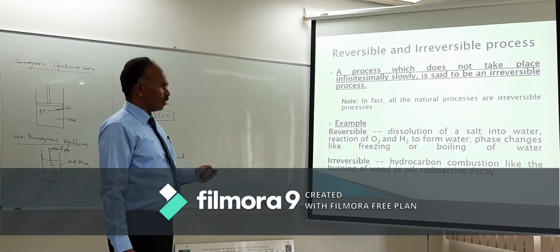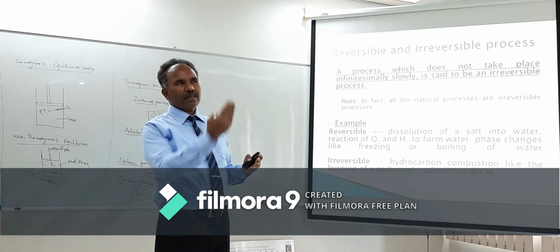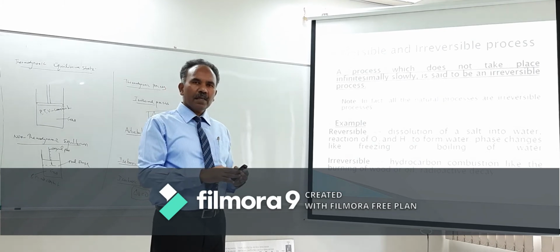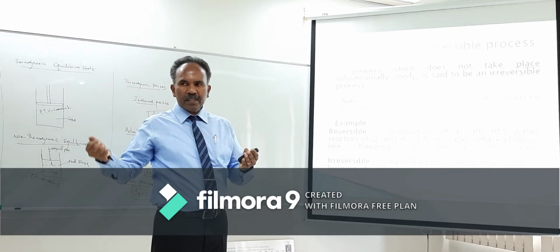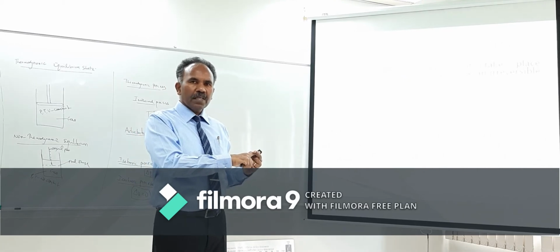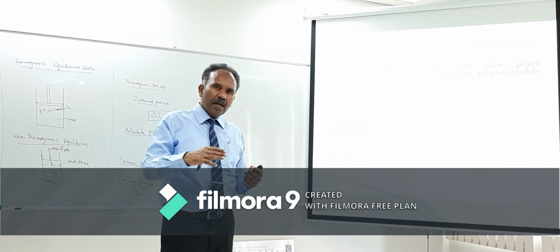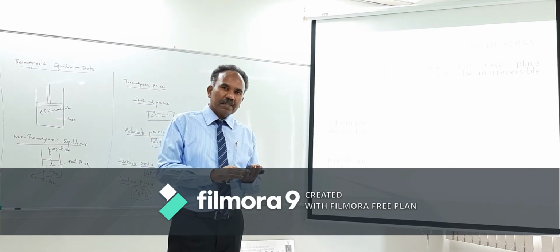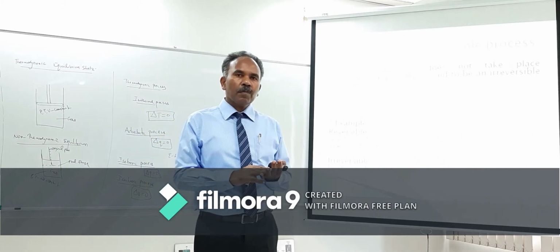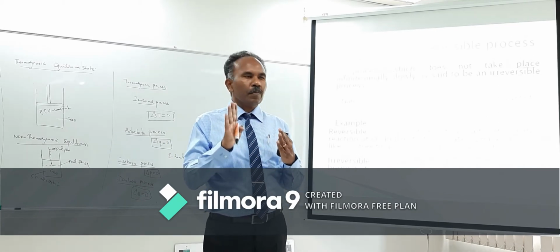For example, when a big stone falls, we can't bring it back to the original place unless we consume some energy. Sometimes disasters take place. They are also irreversible. So most natural processes are irreversible.